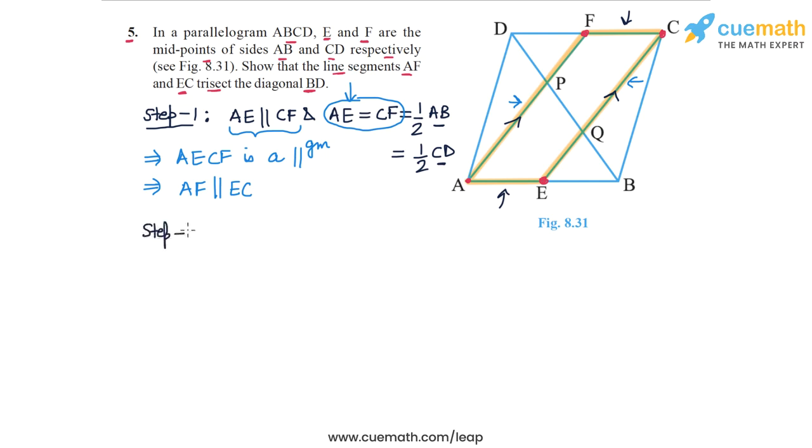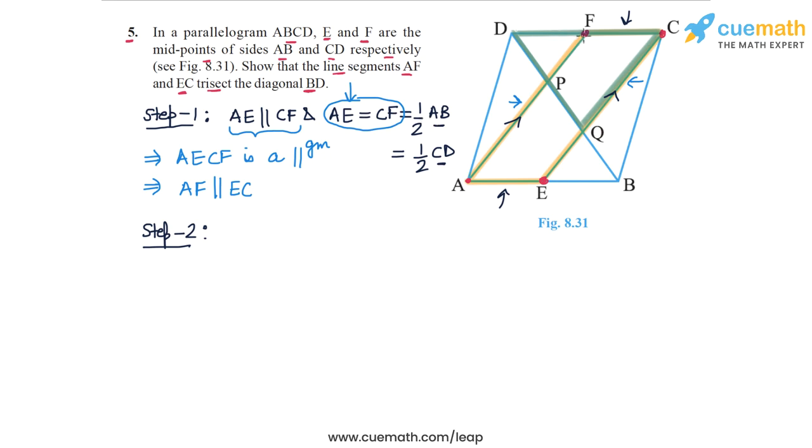So in step 2, let's consider the triangle DQC. So I'm going to highlight this triangle for you. Triangle DQC, this triangle. Think about this triangle, and in this triangle we will apply the midpoint theorem, or actually the converse of the midpoint theorem. That is what we'll apply.